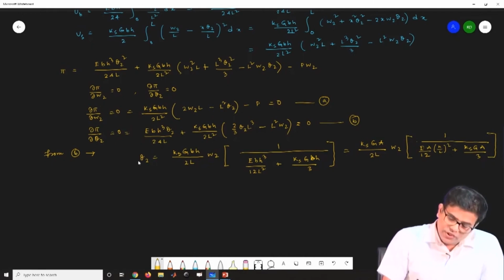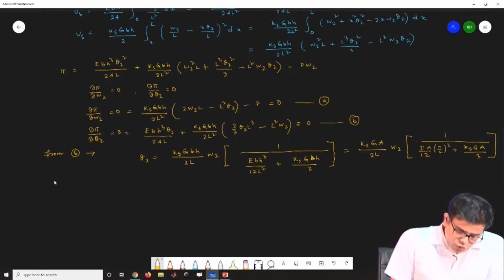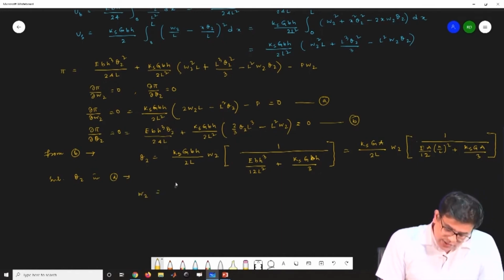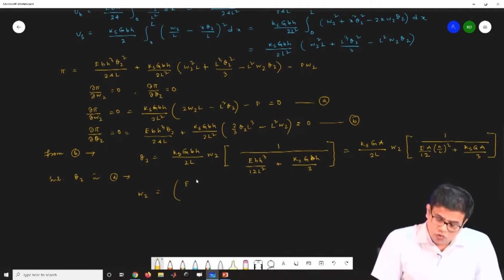Now once I compute theta 2, if I substitute theta 2 in equation A, it gives me W2. So W2 will look like this. I am not doing this calculation here, so you can do it to check whether these expressions are correct or not.